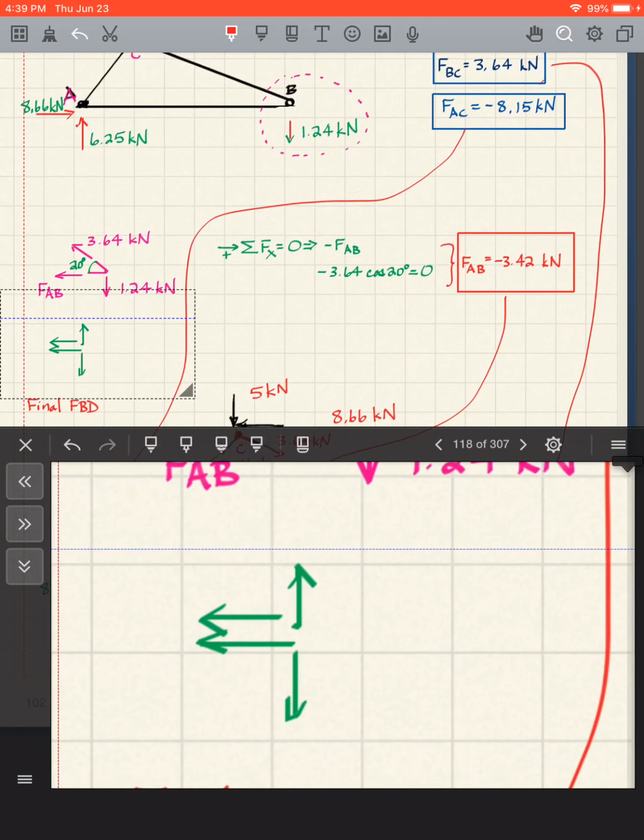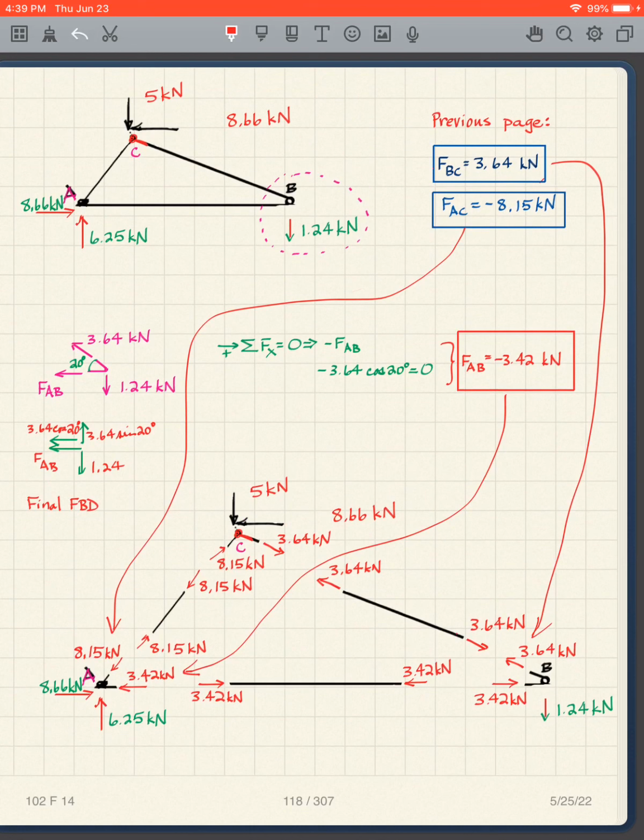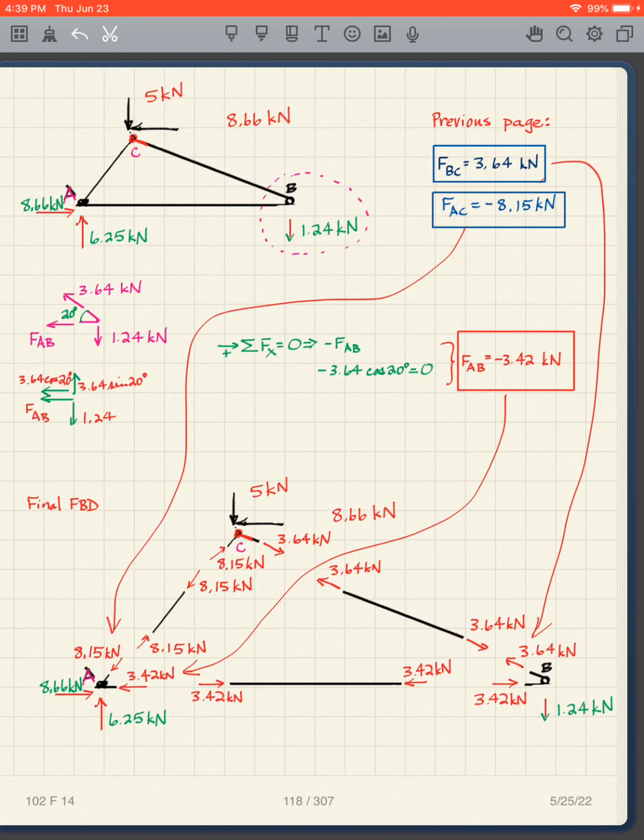This is going to be 3.64 cosine 20 degrees, and this is going to be FAB. This is going to be 3.64 sine 20 degrees. This is 1.24. So I can then look at this free body diagram right here.